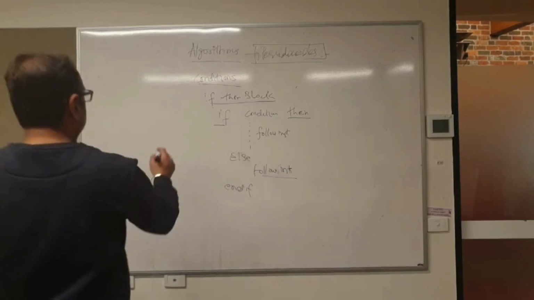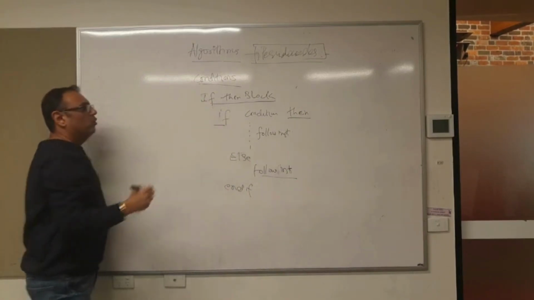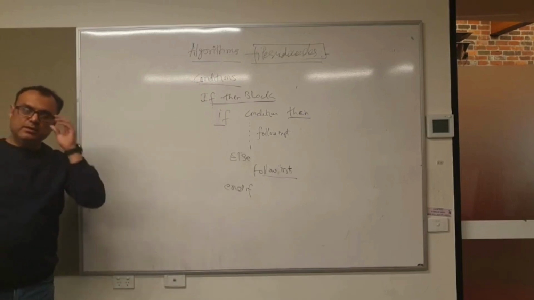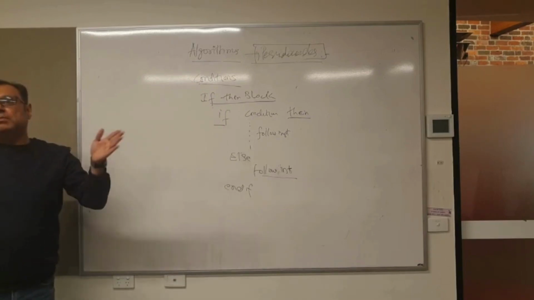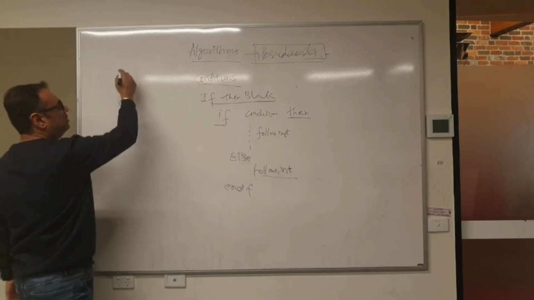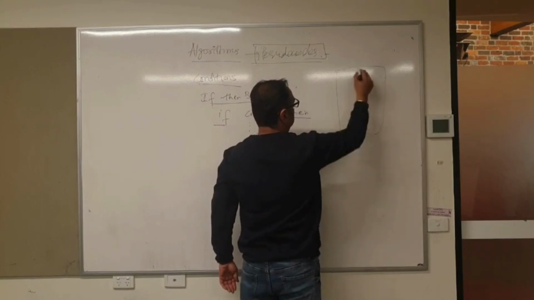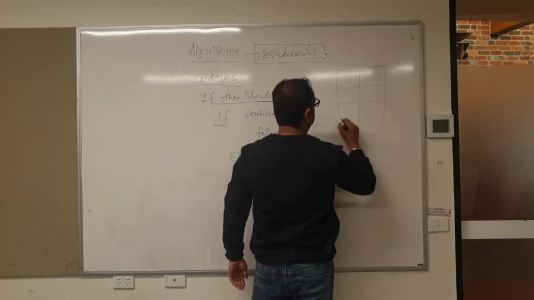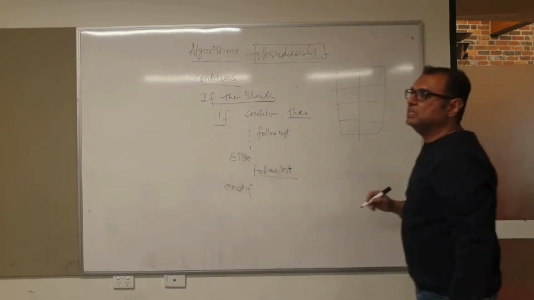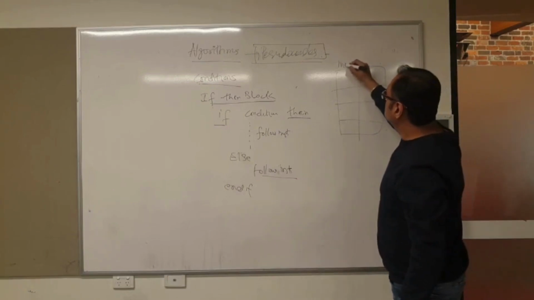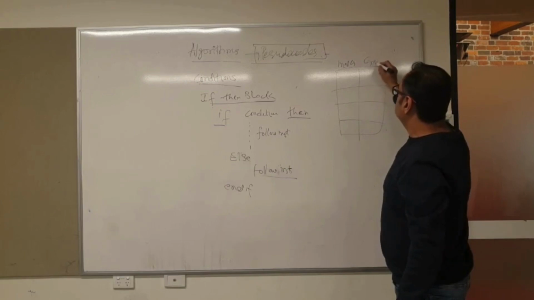Now let's say we are going to print the grades based on the marks. So let's say there is a table. I'm just hypothetically creating something. So let's say there's a table which says these are marks, and that's grade.